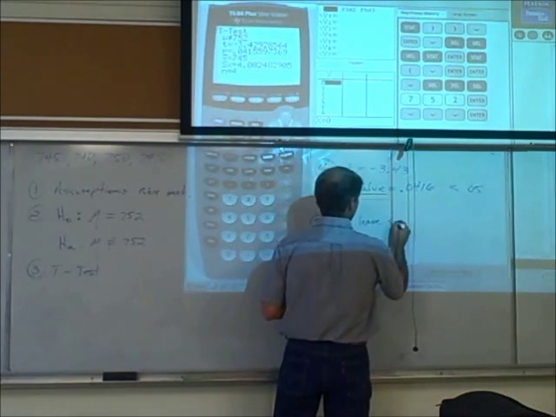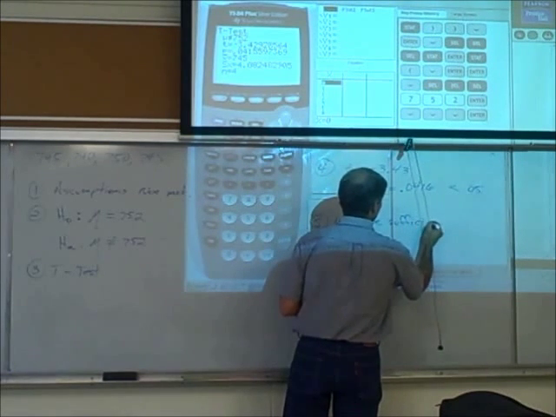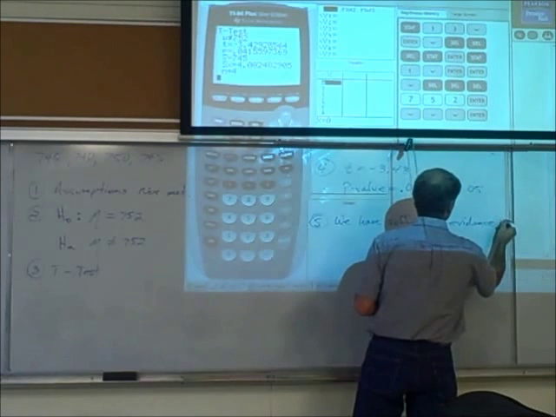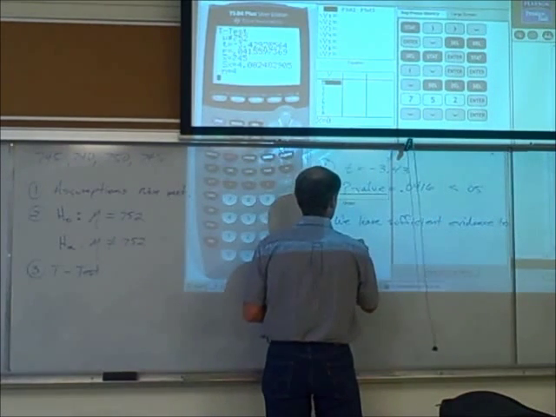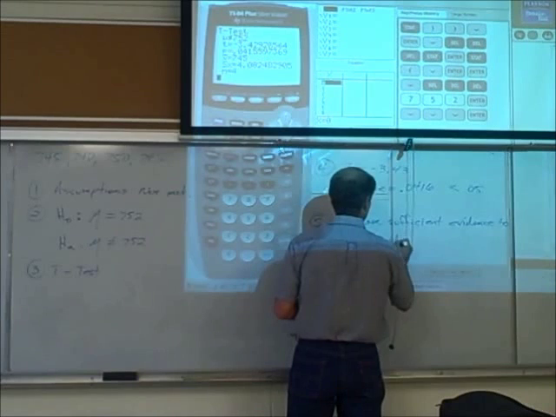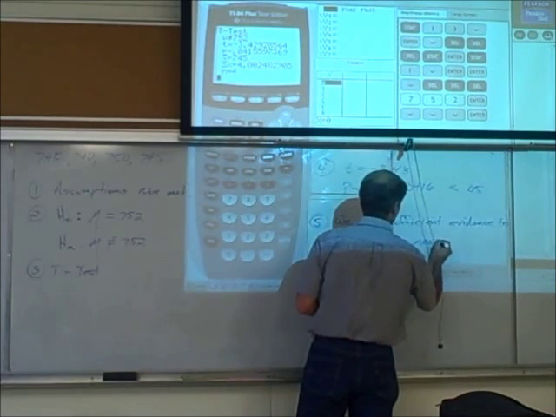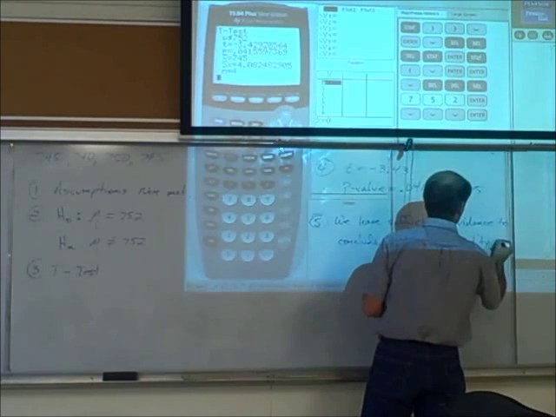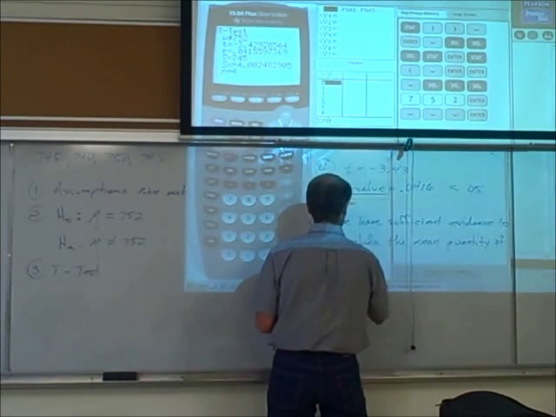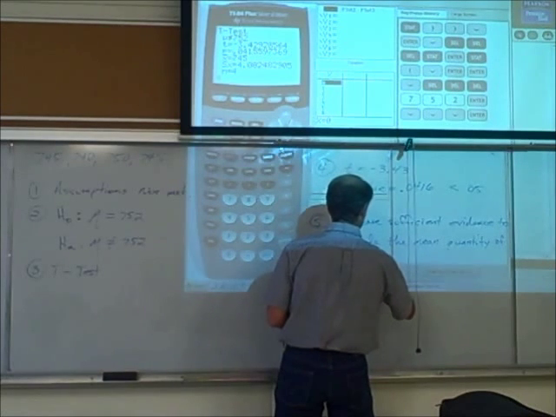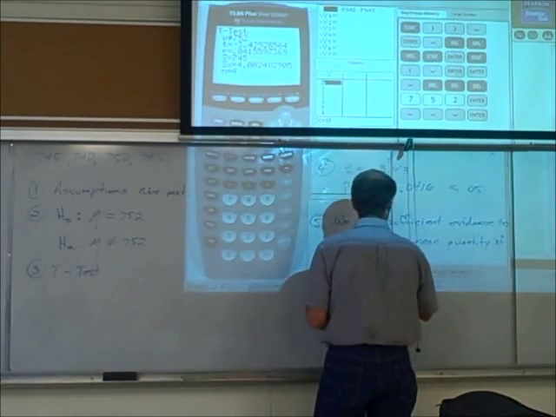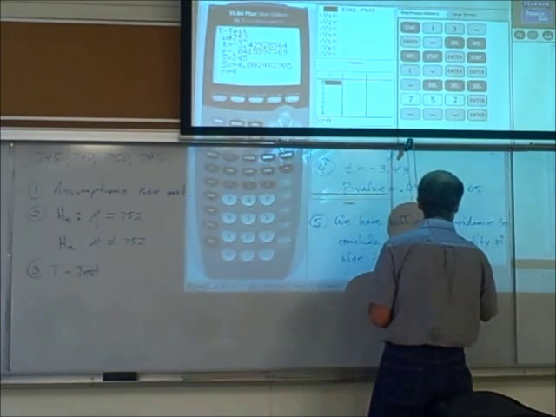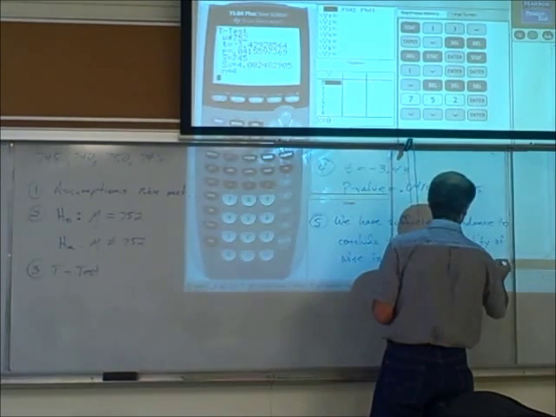We have sufficient evidence to conclude the mean quantity of wine is different than 752 milliliters.